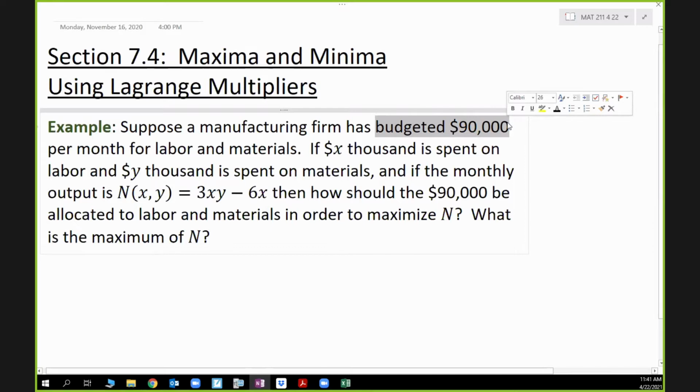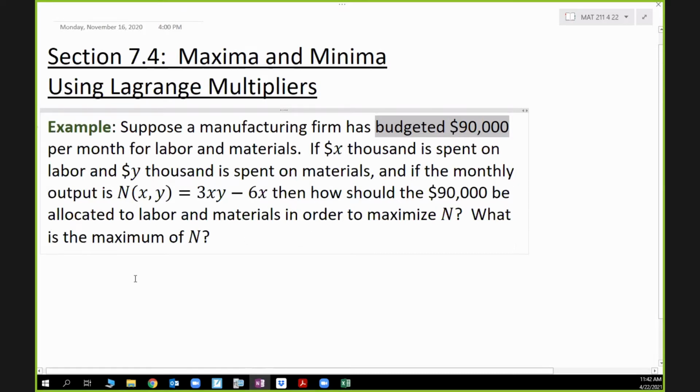So in this context, we have what we'll call a constraint. In this case, we want to find the maximum output possible within the budget that we have. So instead of just saying we can spend as much as we want, as long as we can get a maximum profit or whatever it is, now we are putting some limits onto what our variables can be.